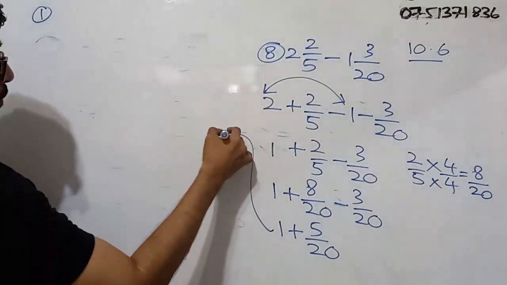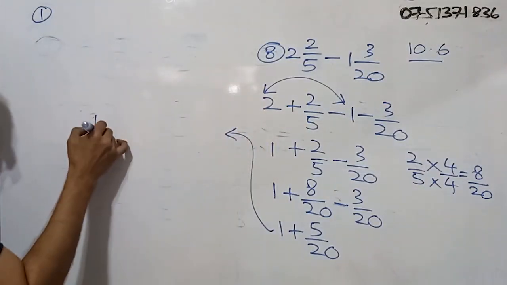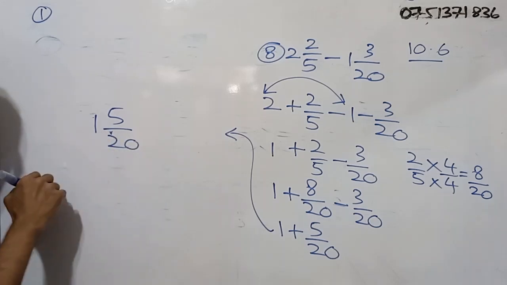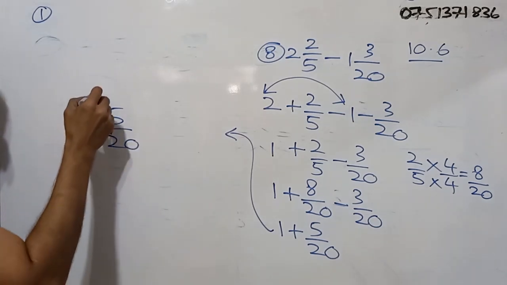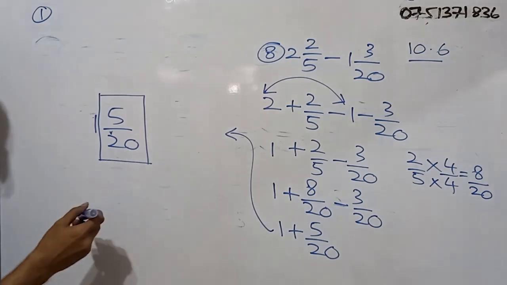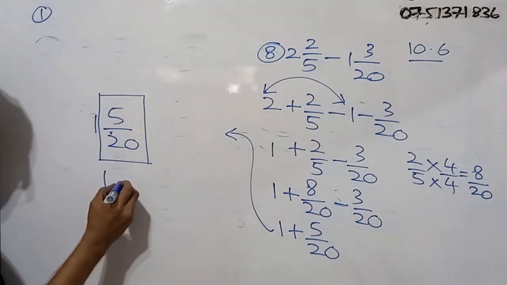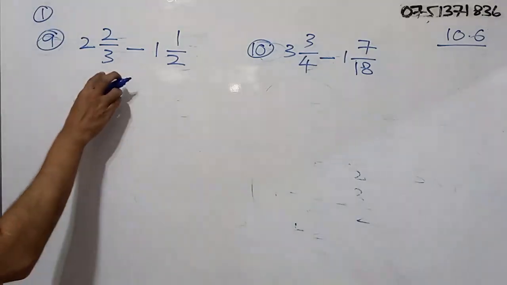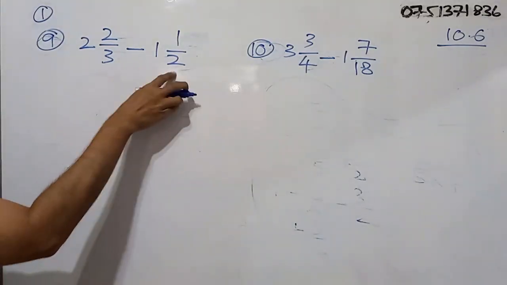So I will continue from here. So 1 and 5 by 20. Now be careful. We have to simplify this part as well. Right? So 1 and 1 by 4. That's the answer.